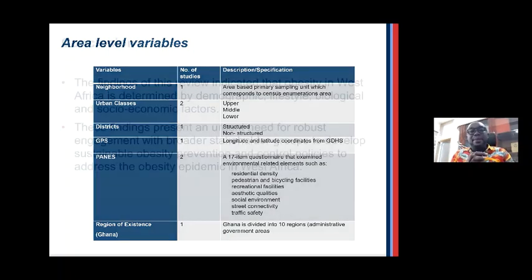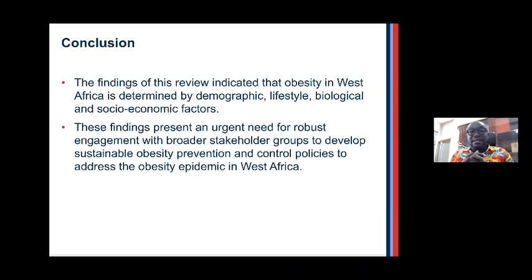So the findings of the literature indicated that obesity is really a big deal. And the determinants in West Africa are essentially demographic, lifestyle, biological, and socioeconomic factors. Therefore, these findings present the need for us to have broader stakeholder engagement workshops in order to come out with policies that will be readily accepted by all the people that are involved in the ecosystem of research.